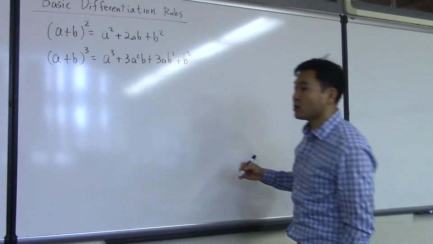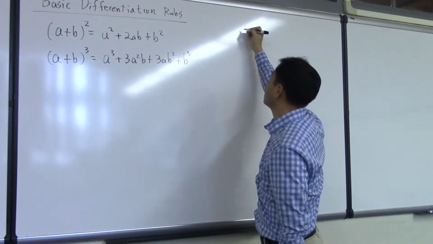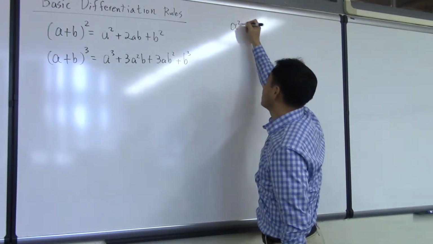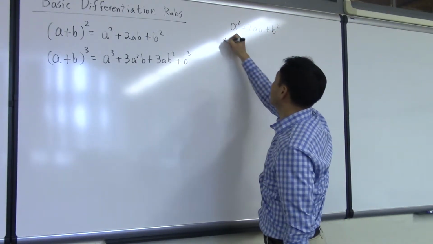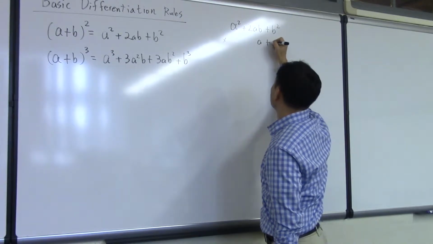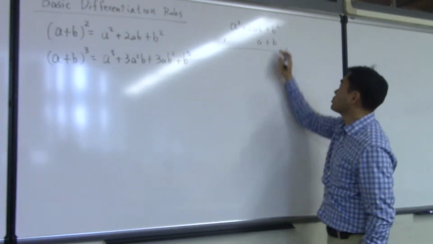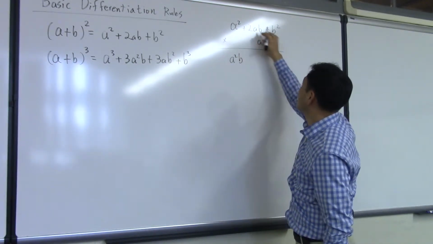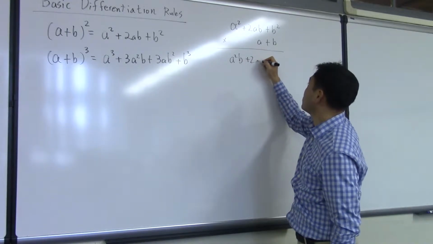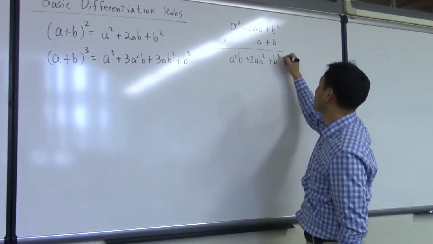The way you can get this one from the first is you can multiply it times a plus b, just like this, so that when you multiply b, this is a squared b right here. You multiply here, you get 2ab squared, b times b squared is b cubed.